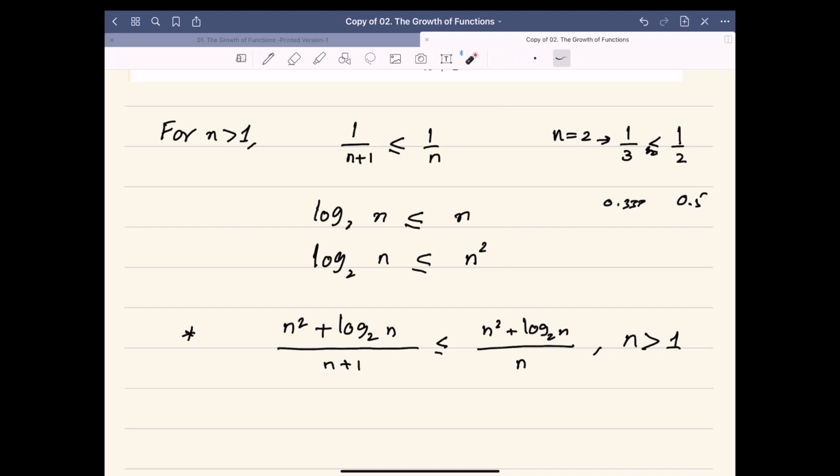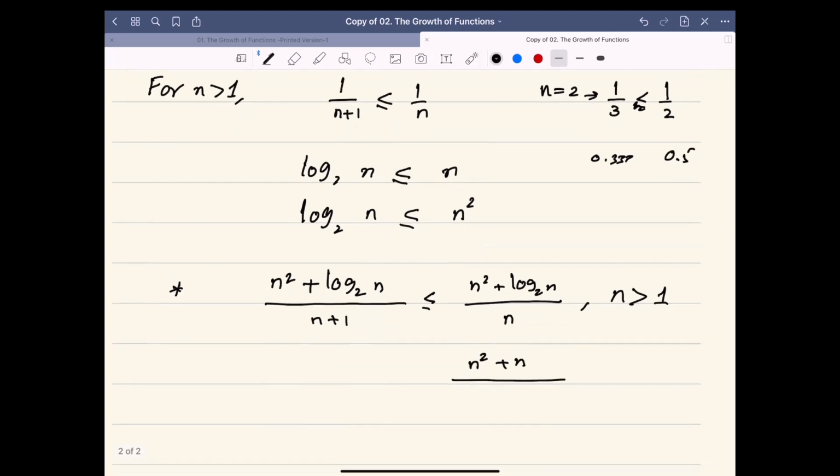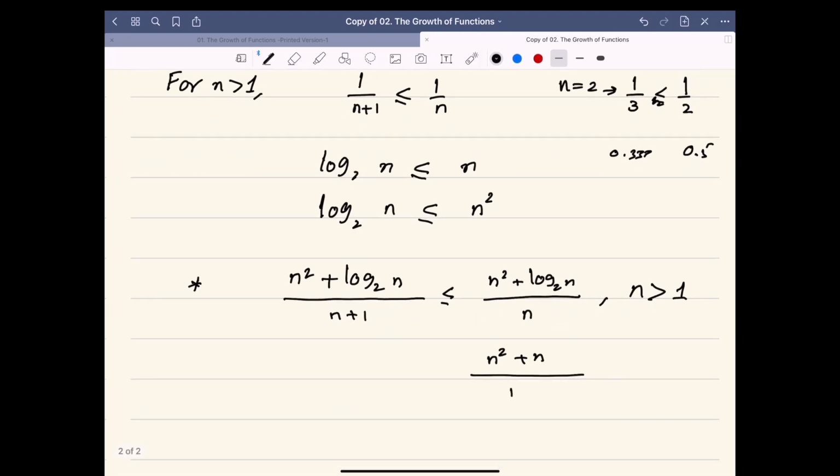Now for the log, I can replace it either by n or n square. So let me replace it by n, for example. If log 2n is less than n, we will have the inequality less than or equal to, for n greater than 1.